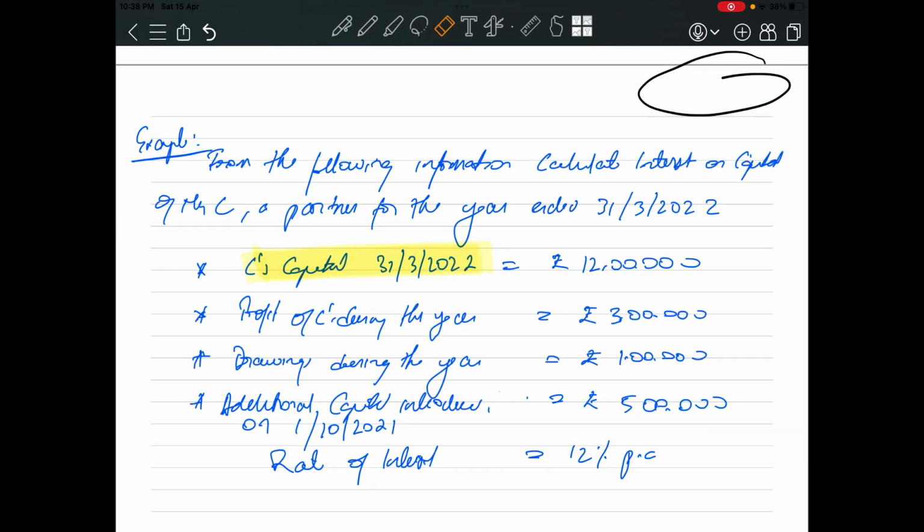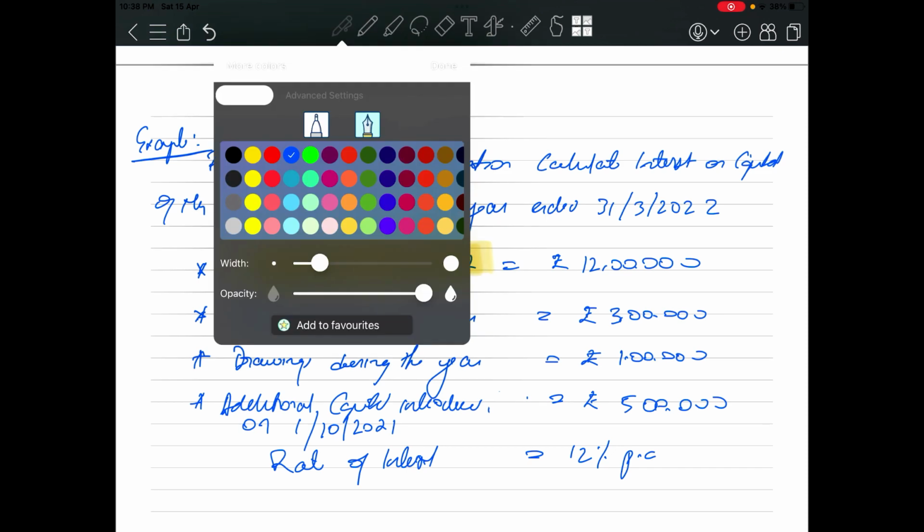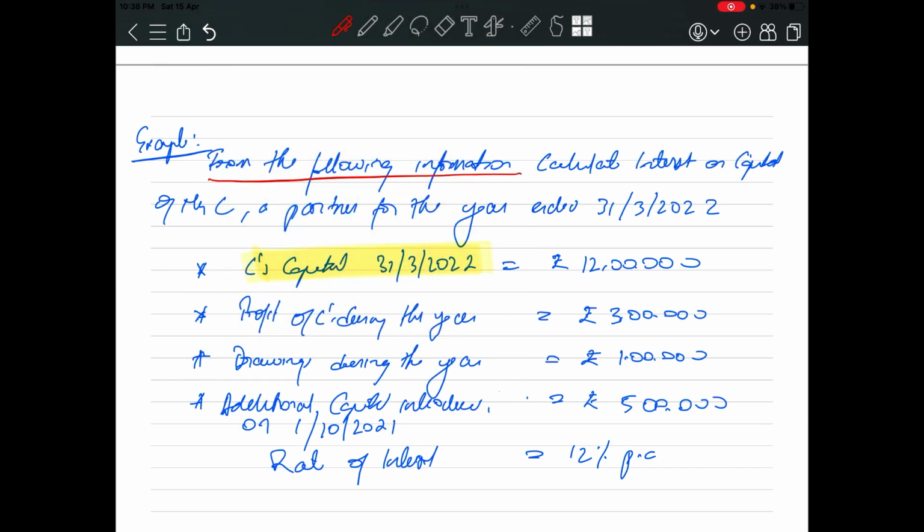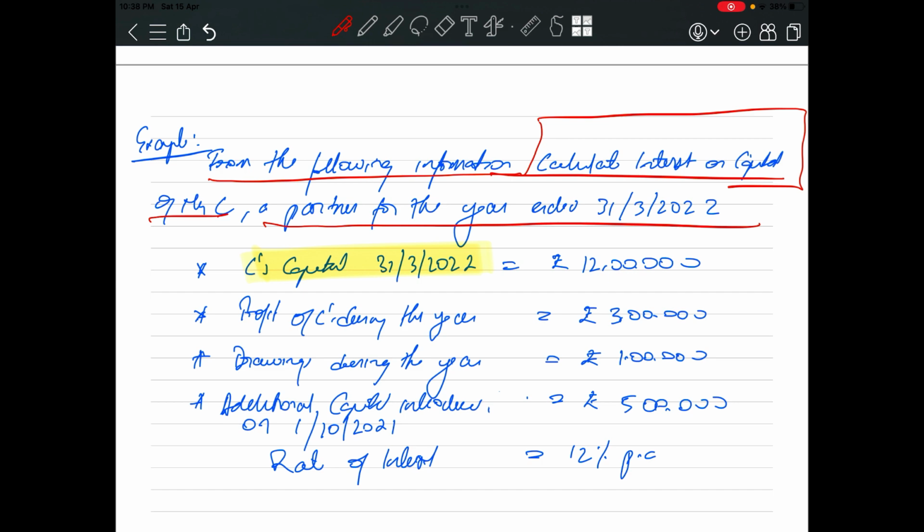So now let's solve this question. What is the question saying? From the following information, calculate interest on capital. The main requirement is calculation of interest on capital of Mr. C, a partner, for the year ended 31st March 2022.